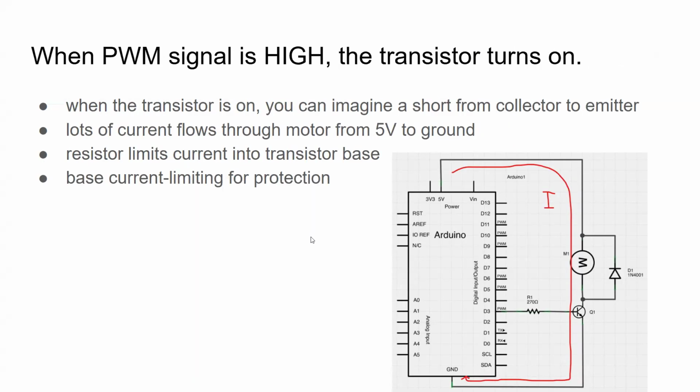So this is just a reiteration of what I just said here. When the PWM signal, right? So we're controlling the voltage at the base of this transistor with a PWM signal. And so when I turn the PWM signal high, I'm allowing current to flow from the collector to the emitter. And by doing so, I am providing power to the motor.